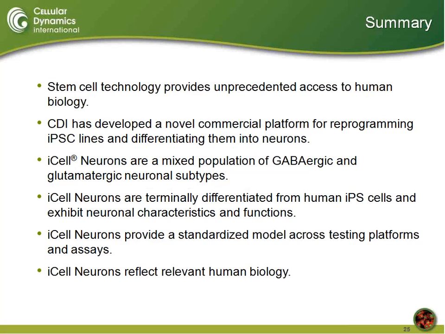Again, this is very typical of the forebrain region. They're terminally differentiated human iPS cells and exhibit the expected neuronal characteristics and functions of humans. And the iCell neurons provide a standardized model across multiple testing platforms and assays, and they are reflective of relevant human biology.